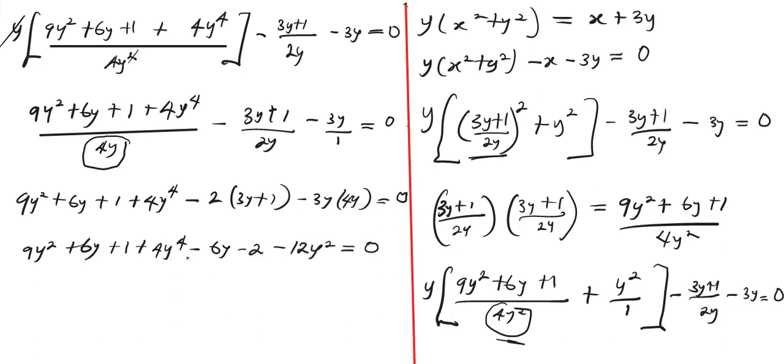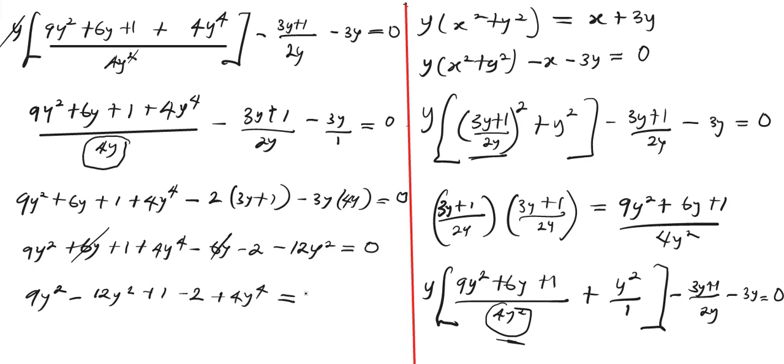So let's combine this, right? So 6y will cancel 6y and we are left with 9y squared minus 12y squared, okay, and we have plus 1 minus 2 plus 4y power 4 equals 0, okay.